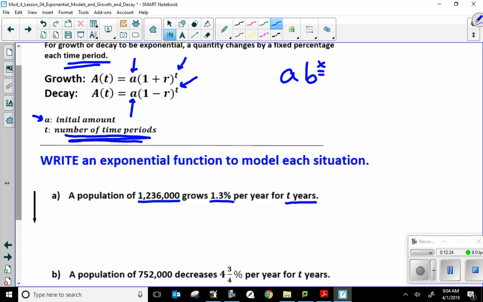My x is now time. My b is 1 plus r or 1 minus r. This a, which goes in front of your b, is always your starting amount. Initial amount is the same thing as your starting amount. It's what you're starting with. The population starts at 1,236,000 and grows by 1.3% per year.